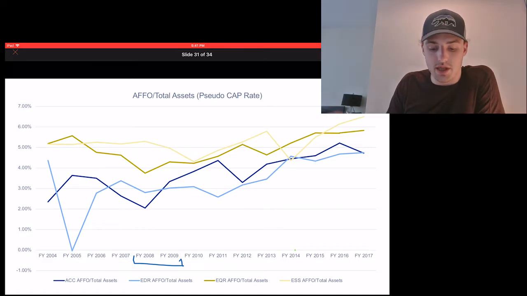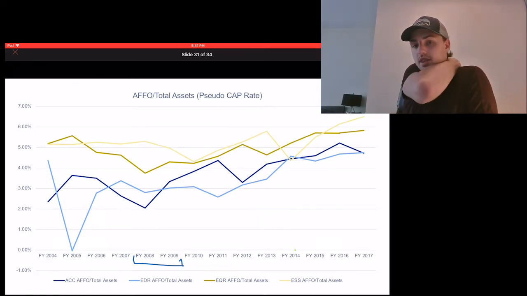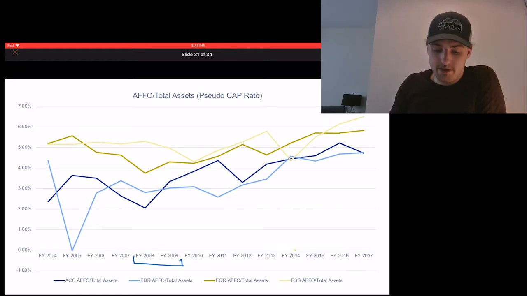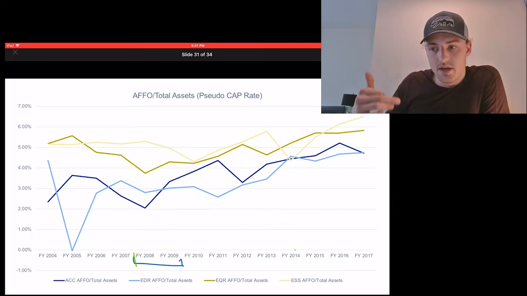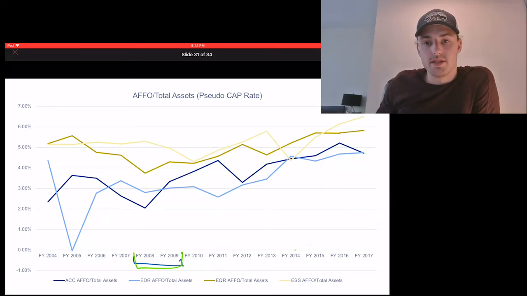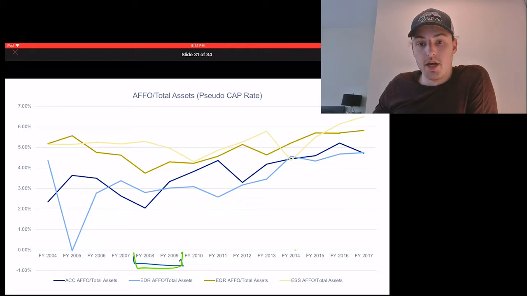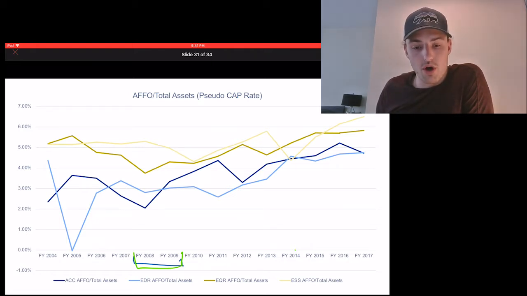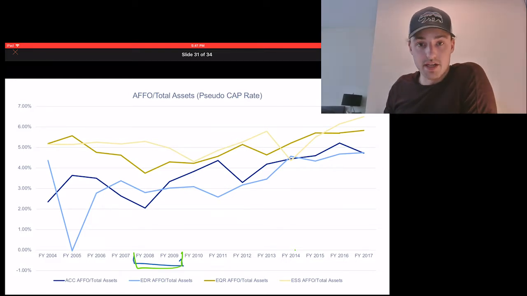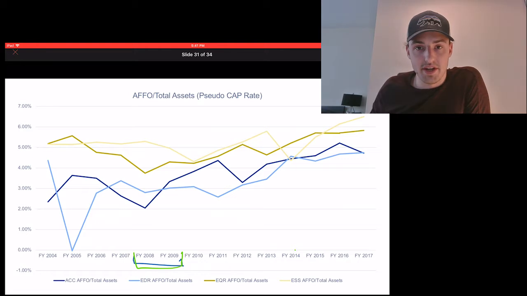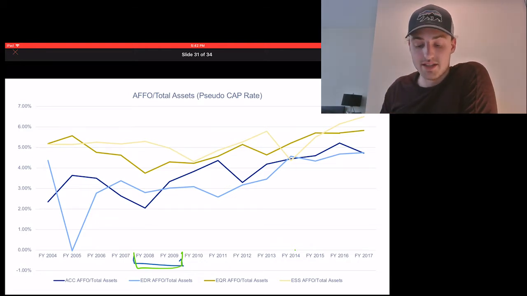The most interesting thing of this entire graph, though, is that even during the height of the crash, none of these asset classes, for reasons that I stated earlier, such as, at the end of the day, your home is the last thing that goes, your business goes out of business, but vacancy rates still didn't fall all that significantly in a whole pile of the assets that these REITs were holding.